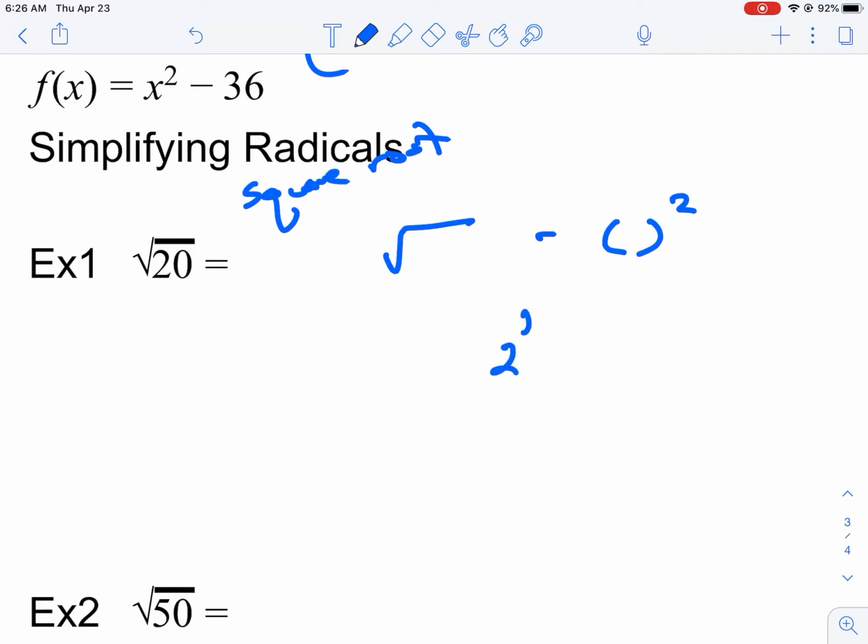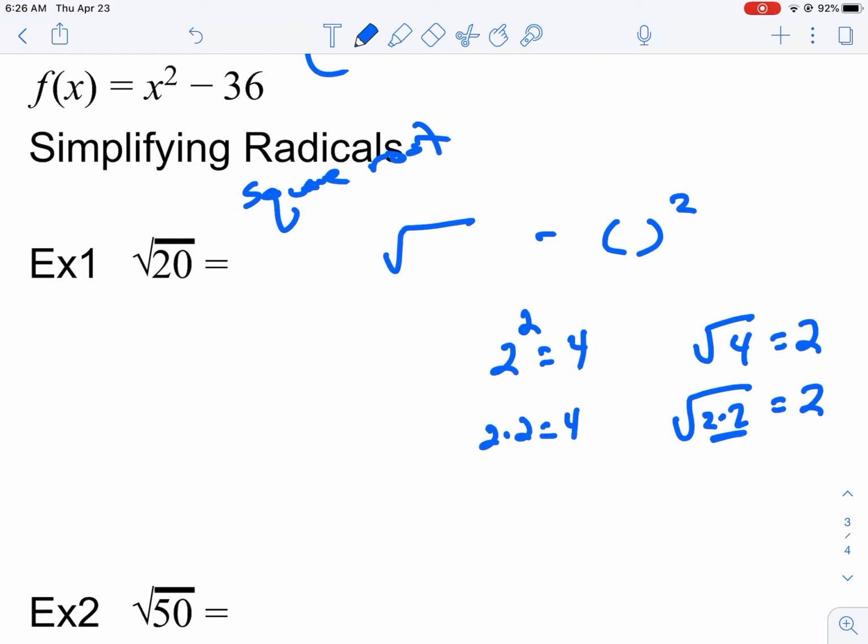Because what? 2 squared, which equals 4, 2 times 2 equals 4. The square root of 4 is 2. So the square root of 4 is 2 times 2 on the inside, and that equals 2. So we find pairs, and when you find a pair of numbers times each other inside the radical, you can get rid of the radical and just write the number, okay?